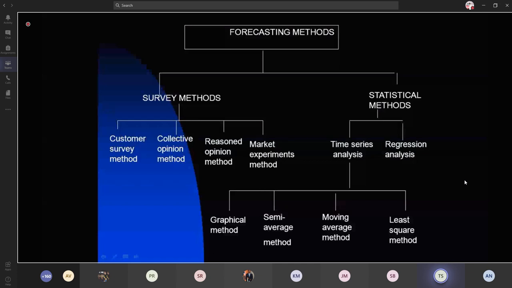We discussed the theoretical background of demand forecasting, why it is so significant for producers and also for customers, what other factors affect demand forecasting, and why organizations do this. And we have several techniques for how forecasting has to be done. We have some theoretical techniques as well as some mathematical and statistical techniques to make a forecast of the product, and we can discuss this in the next class.